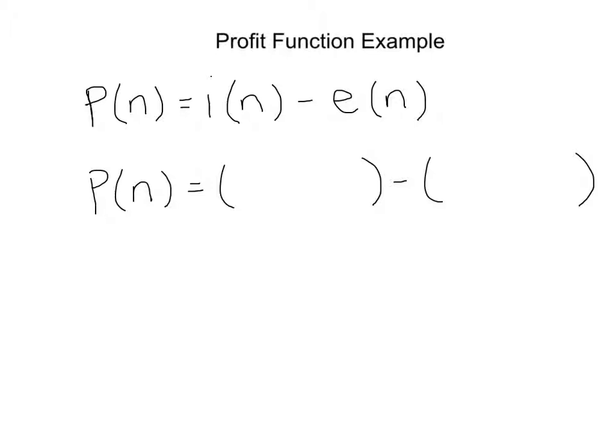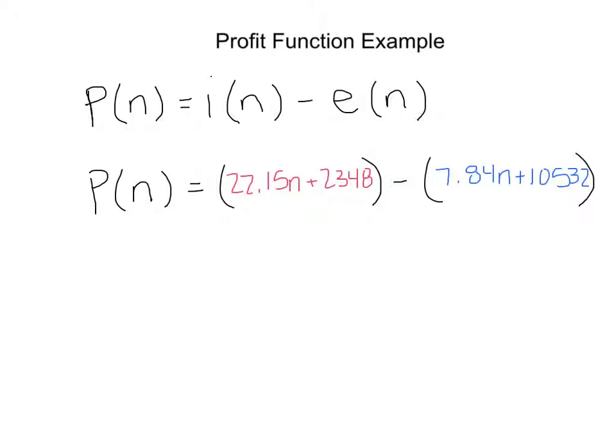So in this case, our income function was 22.15n plus 2,348. That's how much money we make. Then our expenses function was $7.84 for each pair of jeans plus the amount we have to pay just to run the plant, which was $10,532.